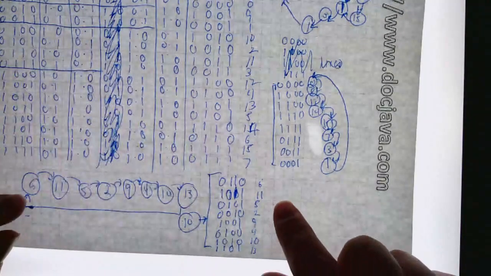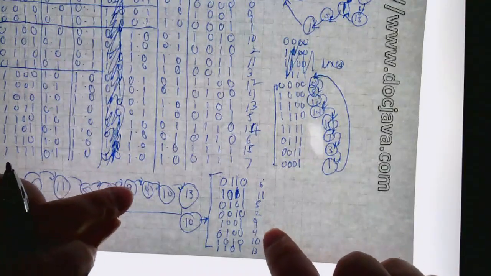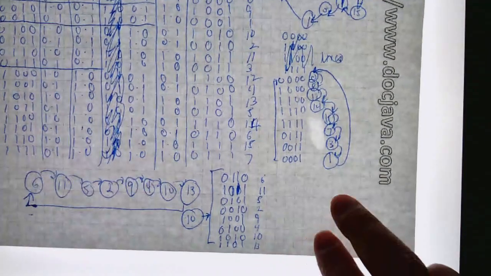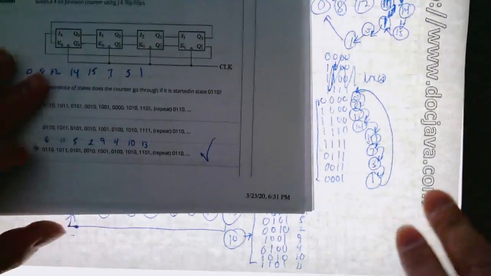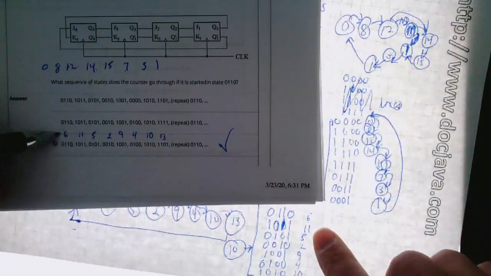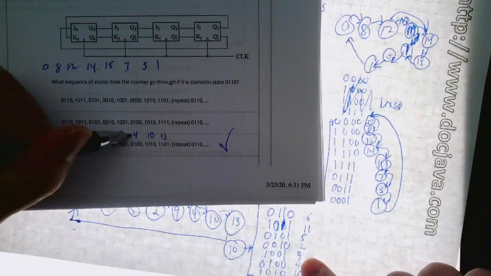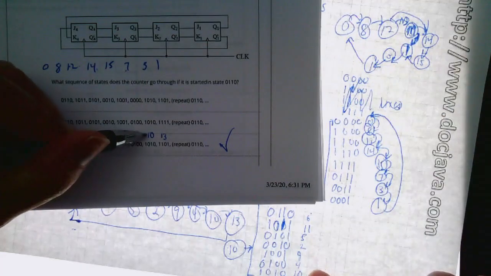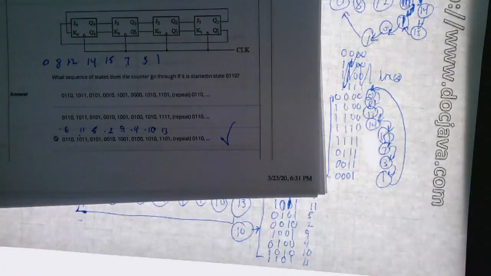Does it match? 6, 11, 5, 2, 9, 4, 10, 13. Yes, it does. So now, let's take a look at the answer. And it says 6, 11, 5, 2, 9, 4, 10, and 13, which is what you want. So that's where you get the answer to question number 10.